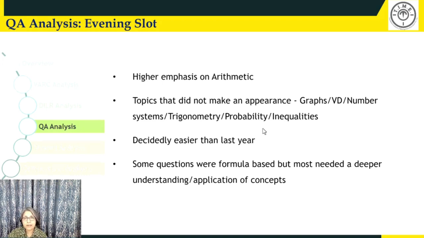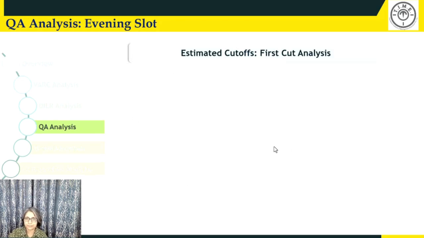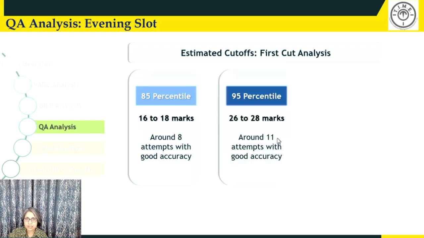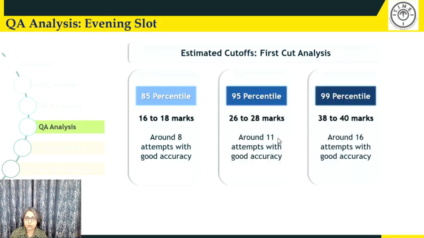But overall feedback is, as compared to last year, as we saw in DILR, even quant seems to be decidedly easier than last year. So this is our estimate of the cutoff for the quant section. 8 attempts with about 6 right should get you to 85 percentile.